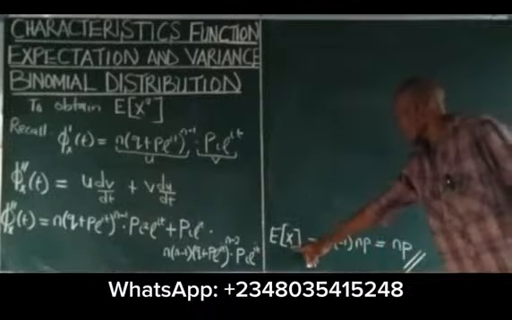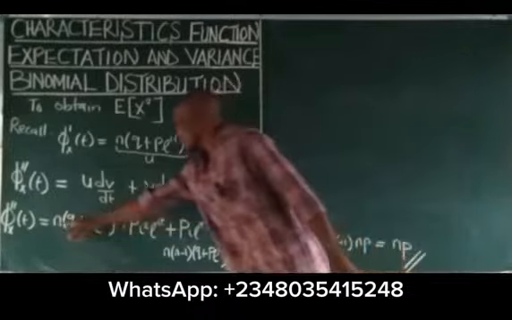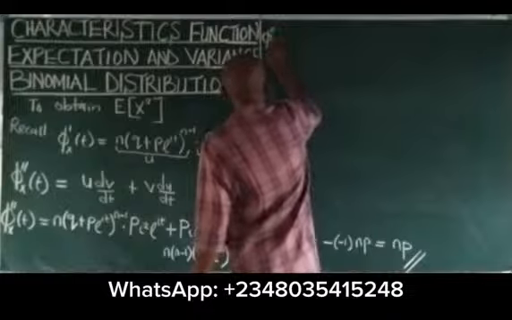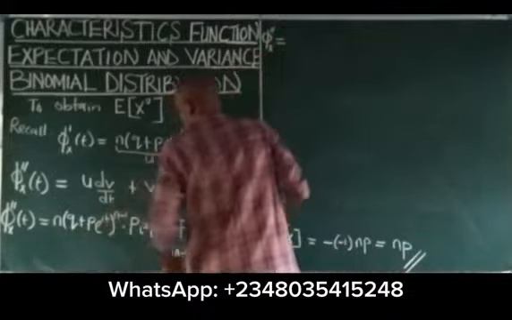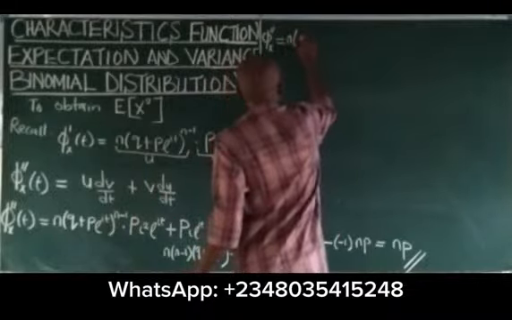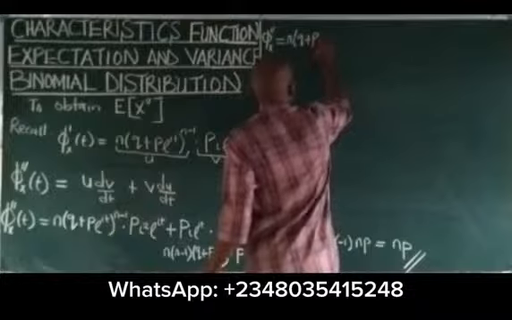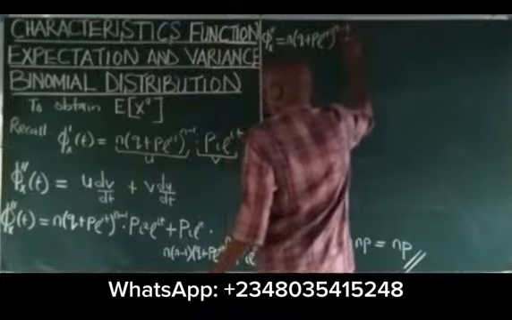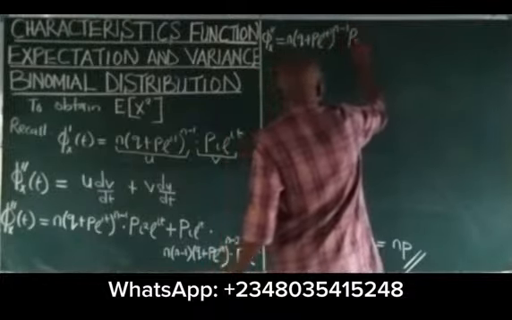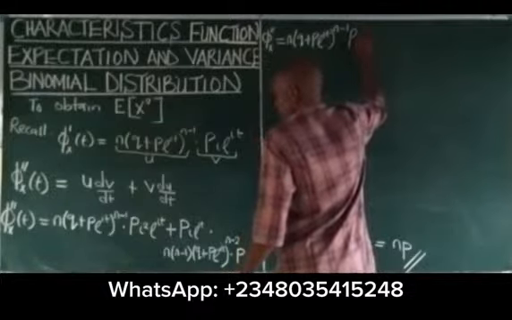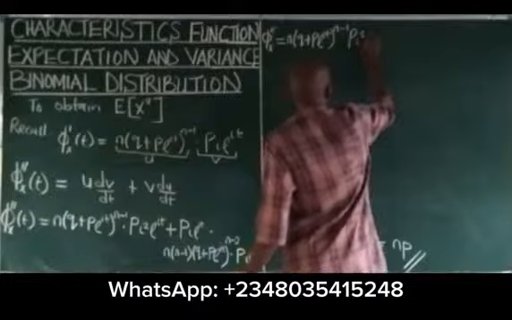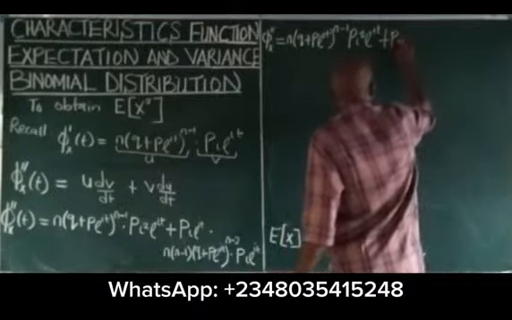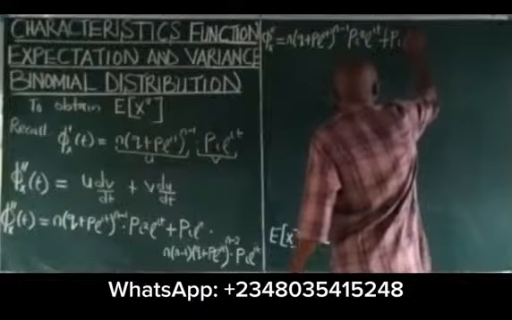We should recall that our expected value of x is equal to np. So rewriting this out properly, we have that our characteristic function is equal to n into (q plus p exponential it) to the power of n minus 1 multiplied by p i squared exponential it, plus p i exponential it.